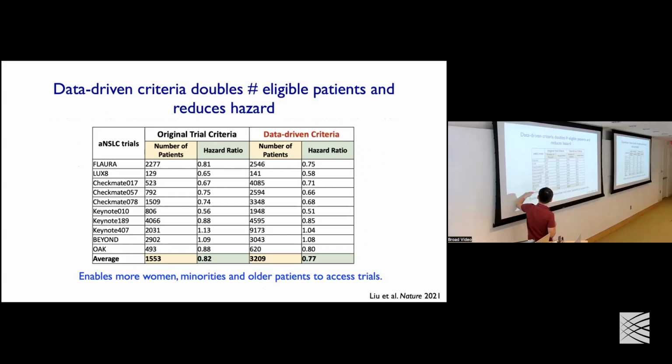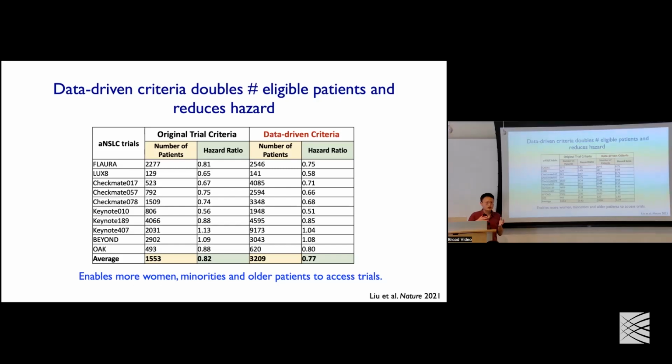Each of these is one of the trials. We can just focus on the average in the interest of time. The first two numbers indicate, if I used the original designs of these trials, how many patients would be able to enroll, and what is the hazard ratio of those patients? The lower the hazard ratio, the better, since lower hazard ratio means a lot better overall survival.